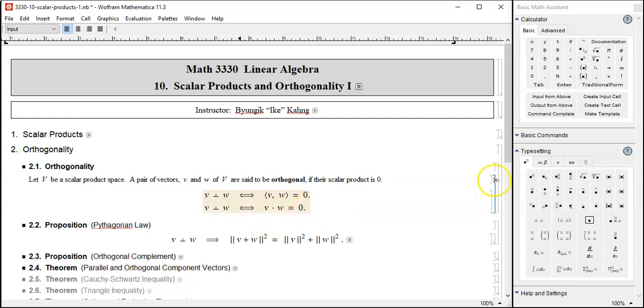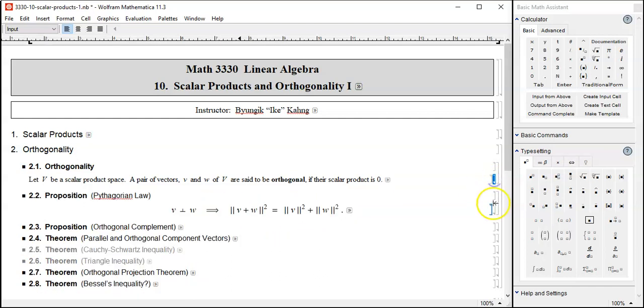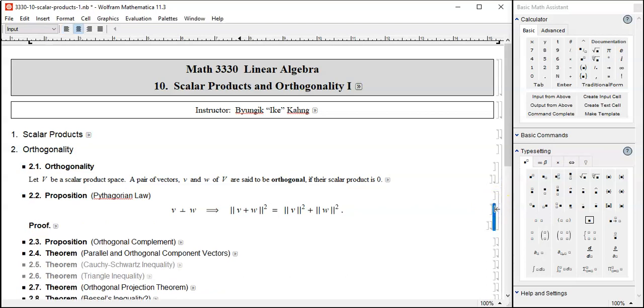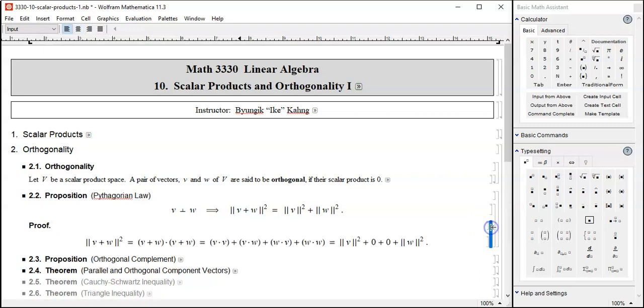How do we do that? Turns out it is a lot simpler than the proof of the Pythagorean theorem in Euclidean geometry. All you have to do is put everything into the definition of the norm, and the norm squared is the scalar product of itself, and from here we just FOIL it out.